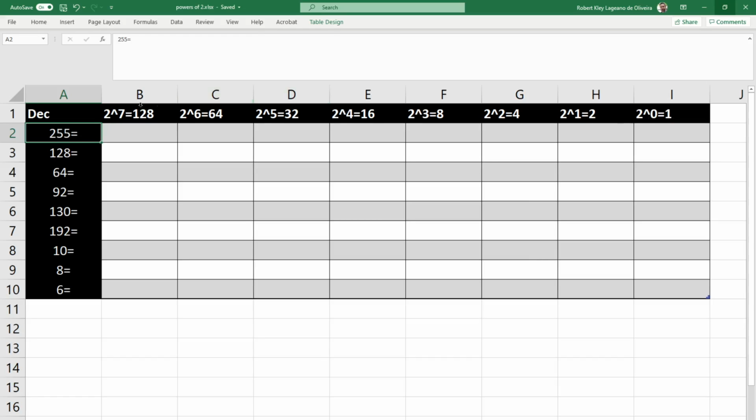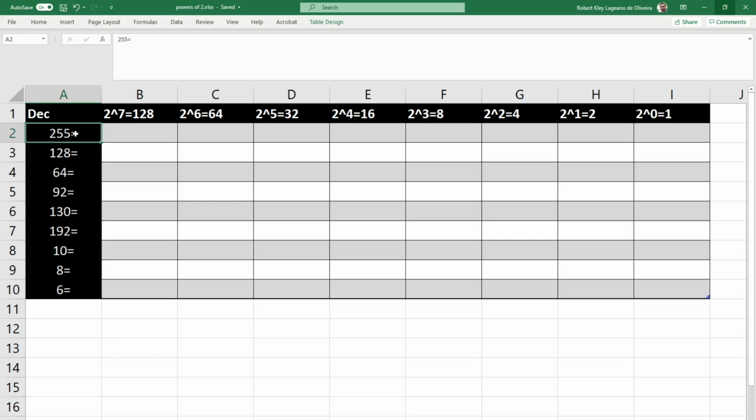Once you put this table in order, you start from 2 to the 0 up to 2 to the 7, from right to left. You start dividing 255 by the very highest number we have in the series of powers of 2. So 255, can we divide 255 by 128? It's very simple to determine this, just by knowing that 255 is greater than 128.